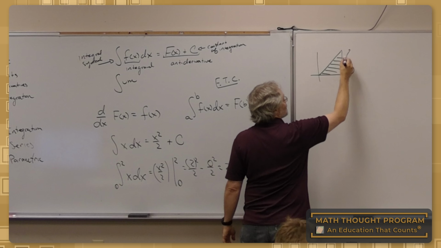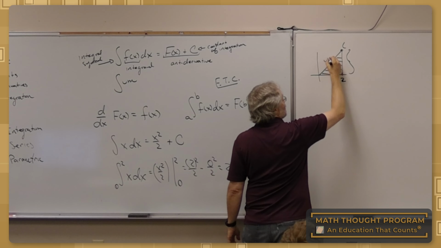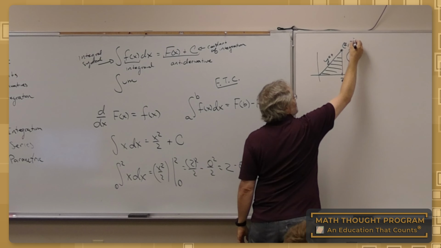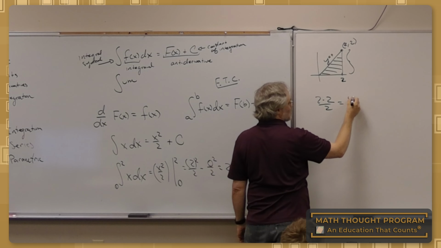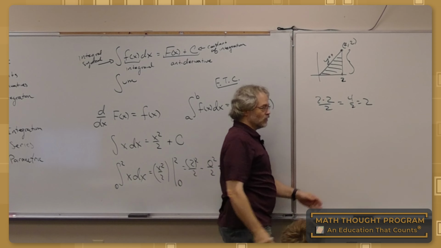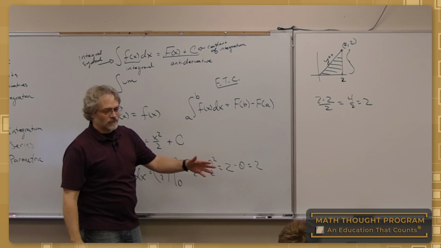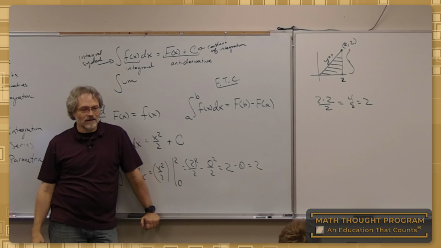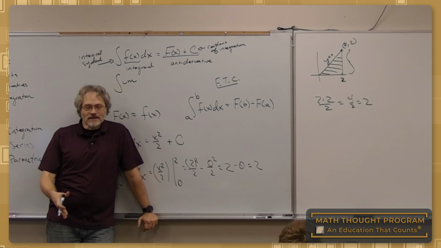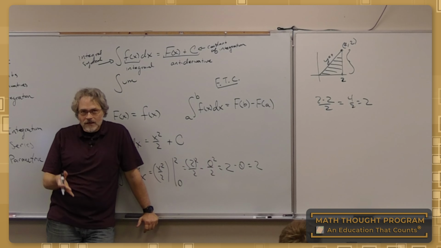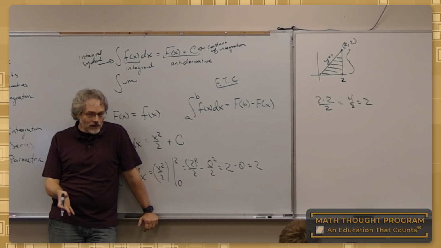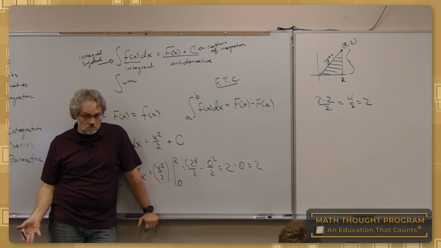Okay, so if this is y equals x, point up here is going to be 2, 2. Base times height divided by 2. Lo and behold, I get the same thing. Okay, so what that tells us, it tells us a lot of information. It gives us also another way of how we can approach integration at times.